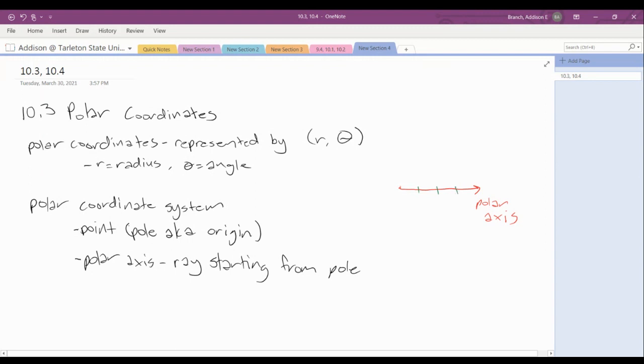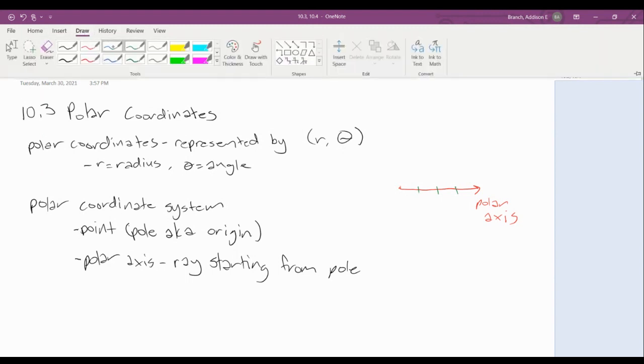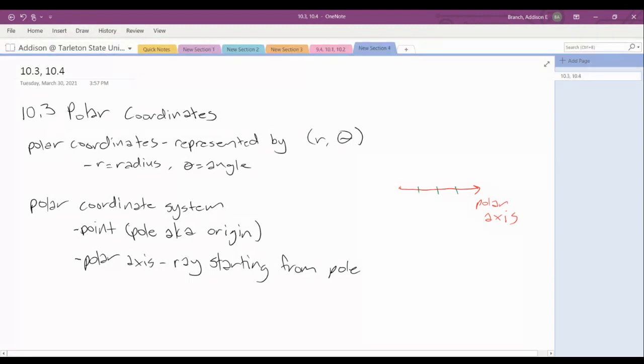If our r is 2, we'd only go 2, and so on and so forth. Whereas our angle is referring to our direction. Just like when we first learned our unit circle and everything, we measure our angle going counterclockwise from the origin.